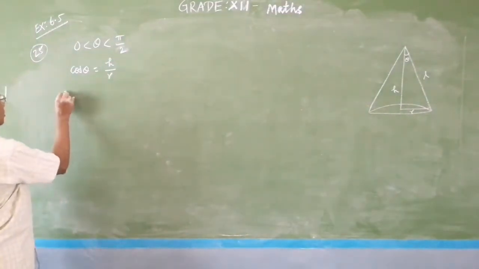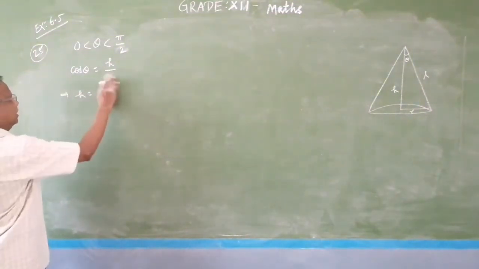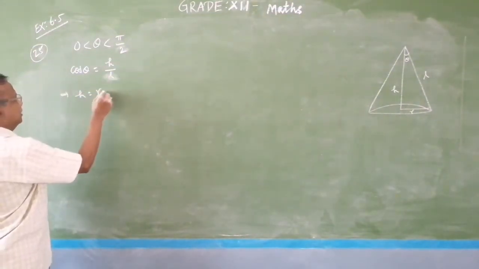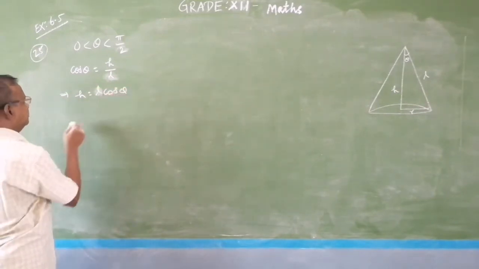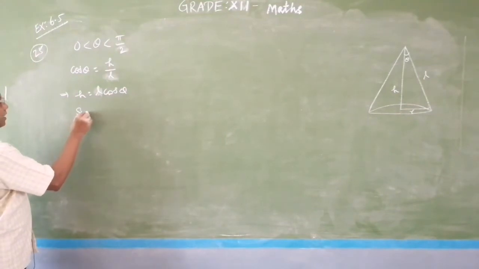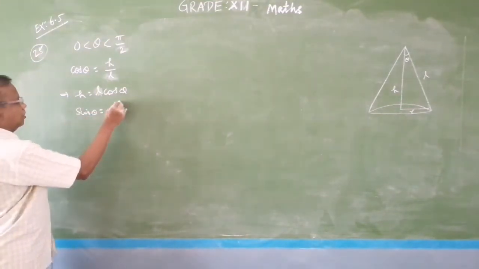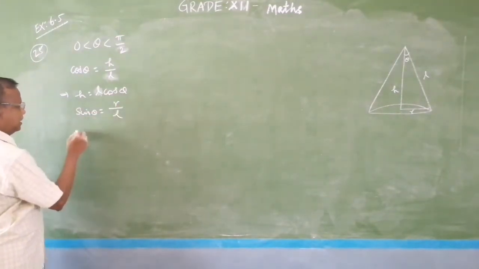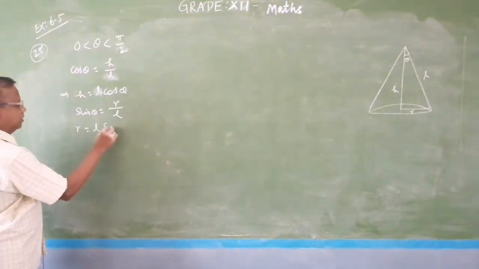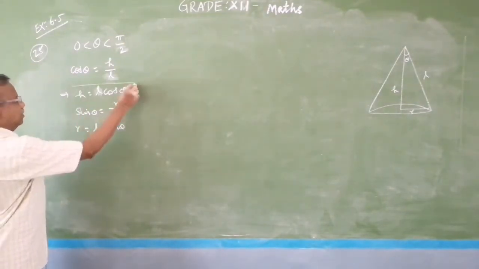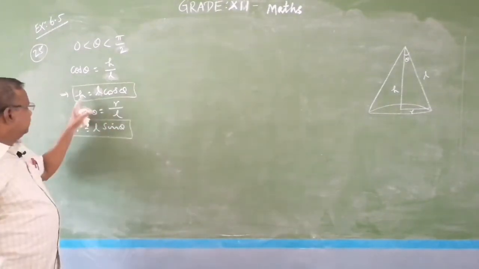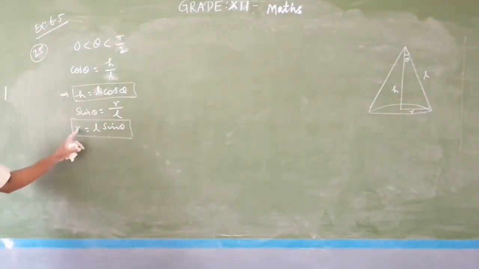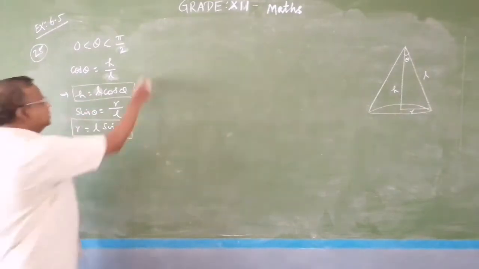So h equal to l into cos theta, and sin theta equal to opposite by l, that is r equal to l into sin theta. Since we are given slant height, we have to convert height and radius in terms of l only.